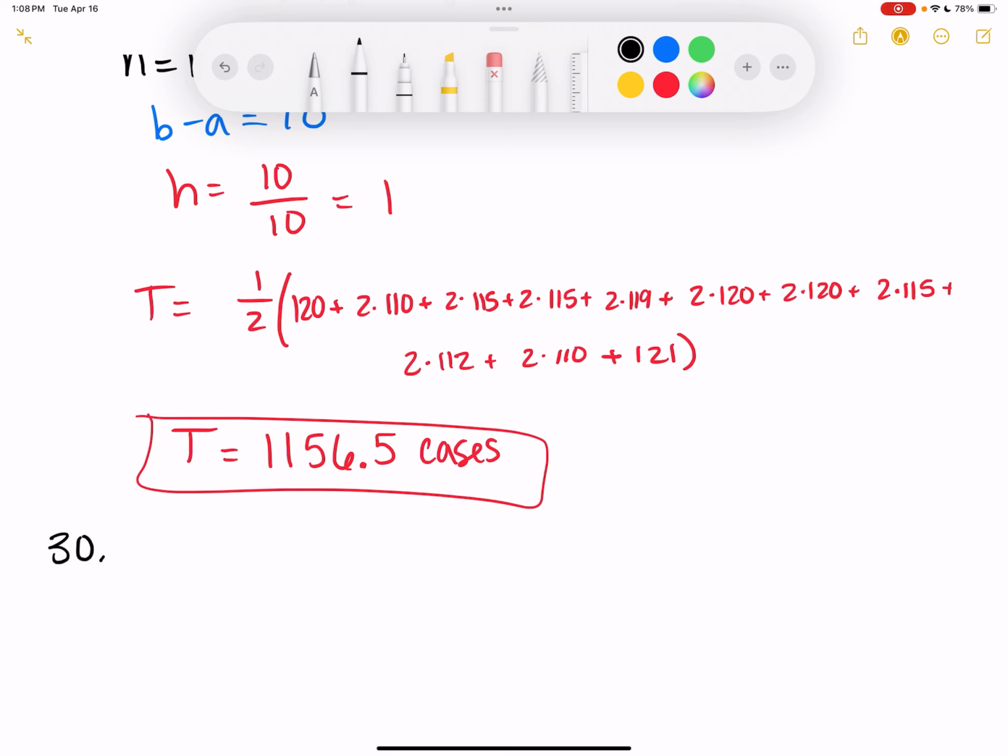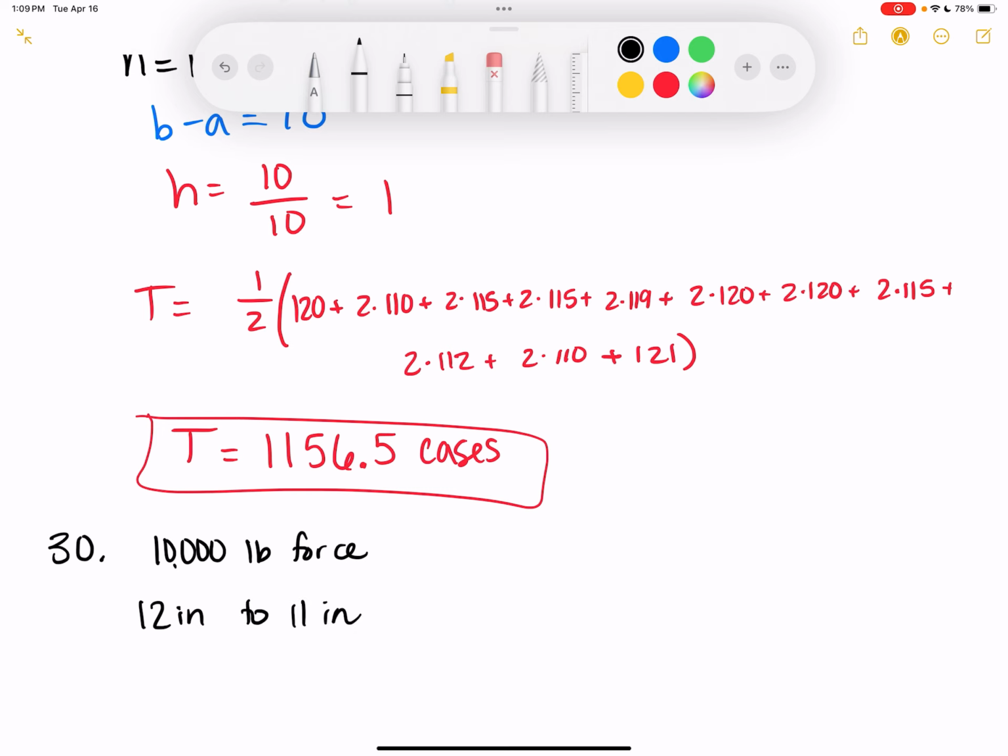Hooke's law also applies to compressing springs. The one we just did was a stretch. This one's going to be a compression. It requires a force of kx to compress a spring a distance x from its natural length. Suppose a 10,000 pound force compressed a spring from its natural length of 12 inches to 11 inches.